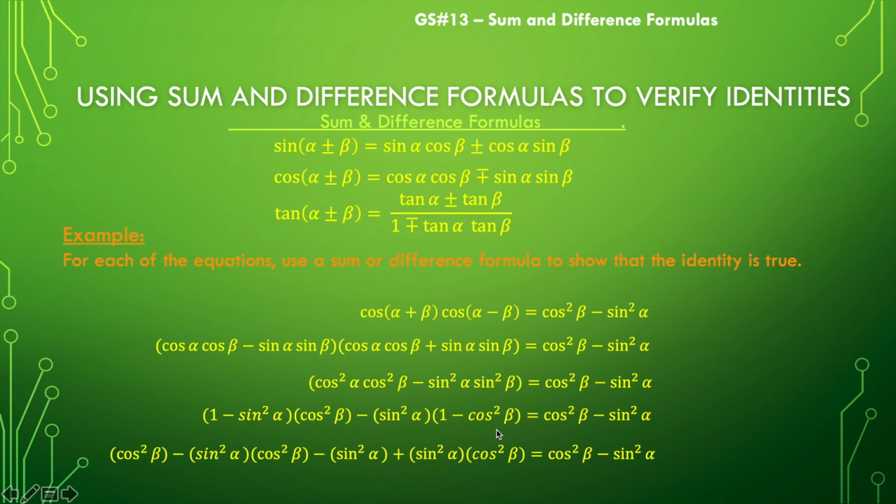Okay, so what does that all look like? Doesn't look like I got very far here, but oh, if I look closely, I notice I have sine squared alpha cosine squared of beta here and sine squared alpha cosine squared of beta here. One is positive and the other is negative. So those two pieces negate each other, and I'm left with just cosine squared of beta minus sine squared of alpha, which is exactly what I want.